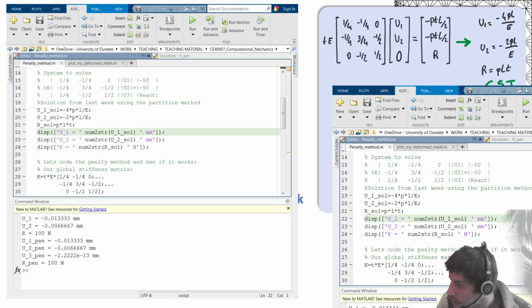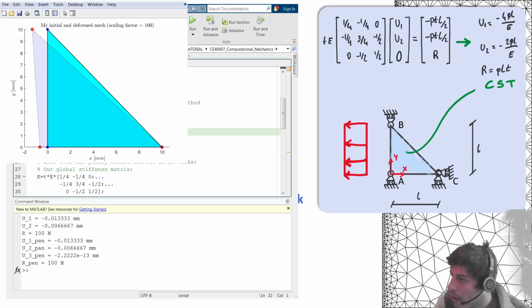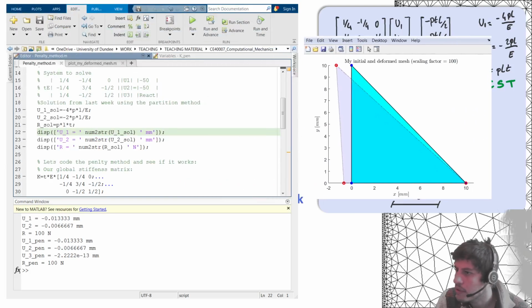Okay, I don't know why this one is not working. Okay, so here is the figure. Let me just move it here.